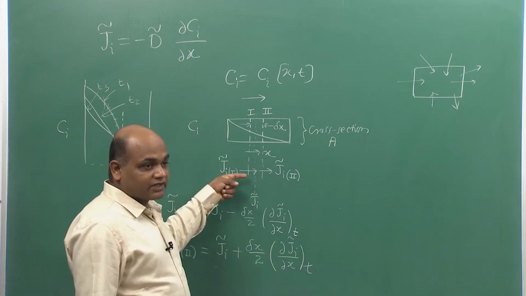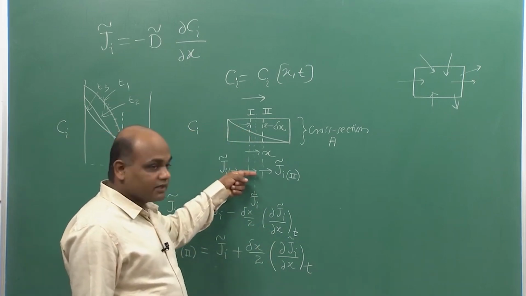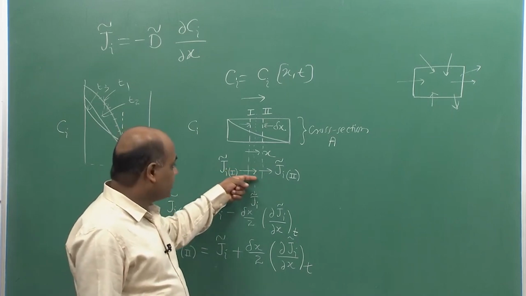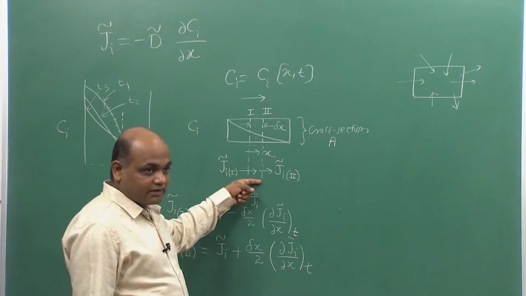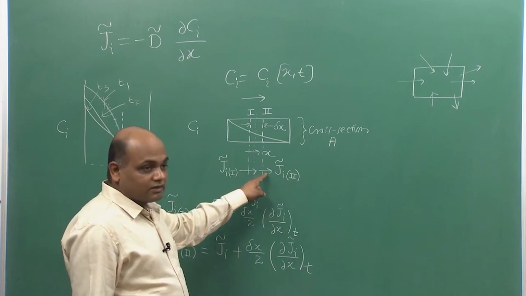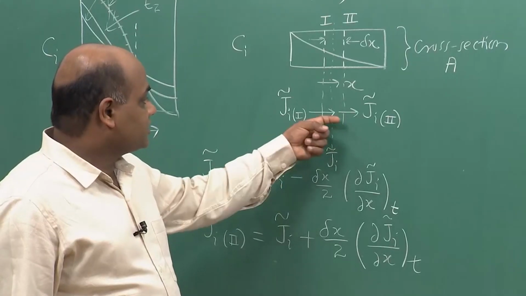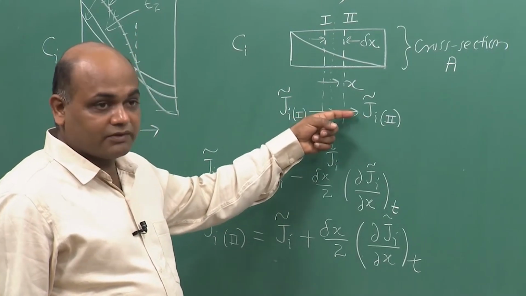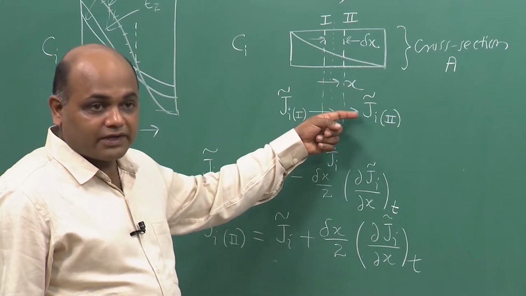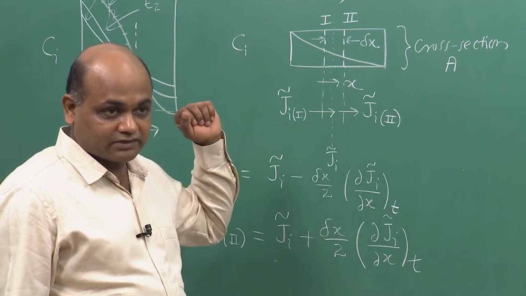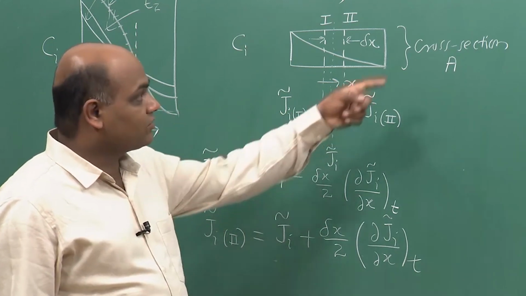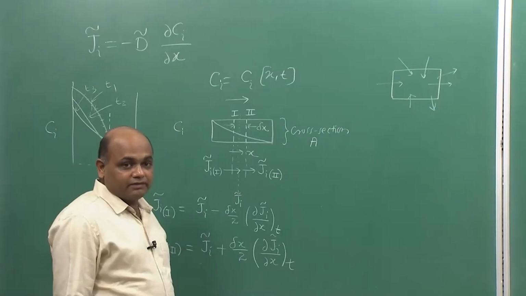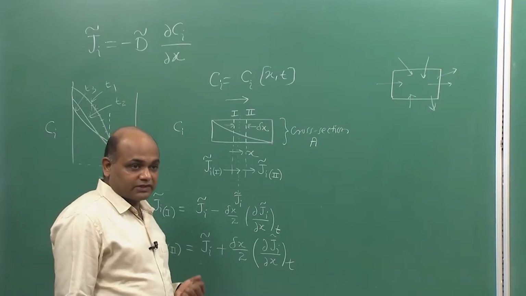So, now the flux at plane 1 is basically the incoming flux or the inflow into the volume element delta x, and the flux at plane 2 is the outflow, basically rate of outflow per unit time per unit area, right, that is the unit of flux. So, inflow minus outflow will give me the accumulation, right.